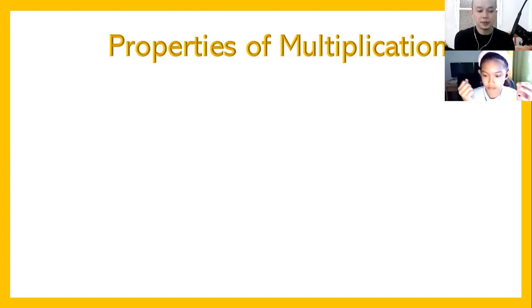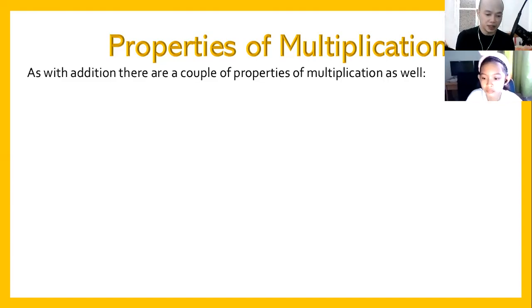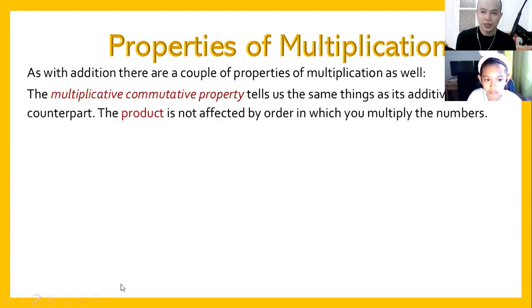Okay, now let's have the properties of multiplication. As with addition, there are a couple of properties of multiplication as well that you have to really try to understand. If addition has the commutative property, the same is true with multiplication. It has the multiplicative commutative property. That means the product is not affected by the order in which you put the numbers.